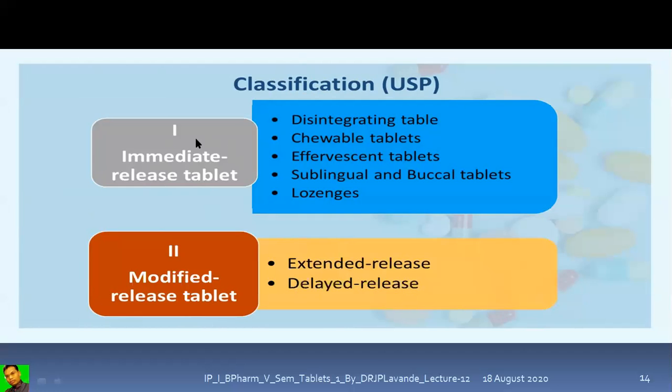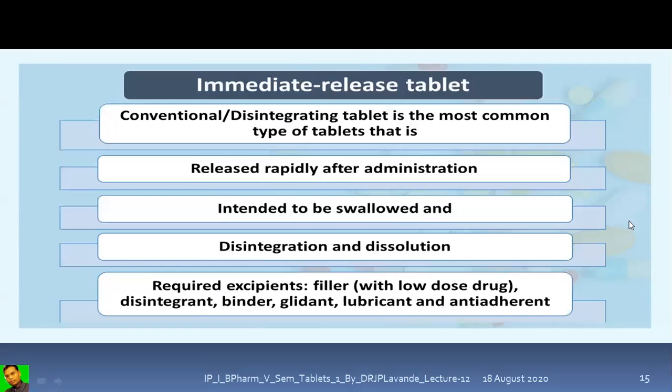Whereas in the immediate release or class 1 type of classification given by the USP, the examples are disintegrating tablets, chewable tablets, effervescent tablets, sublingual and buccal tablets, and lozenges. So this is the classification given by the USP.